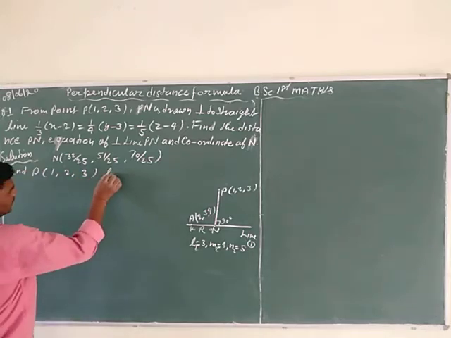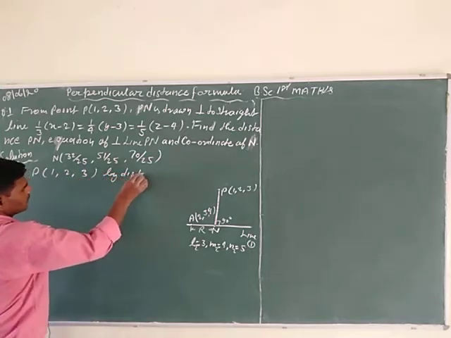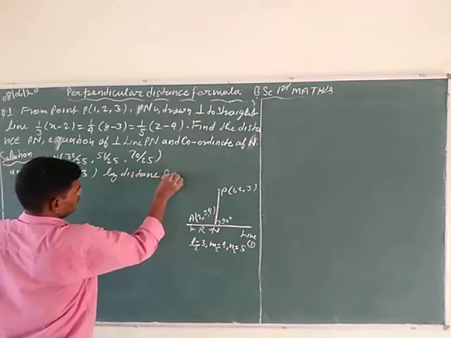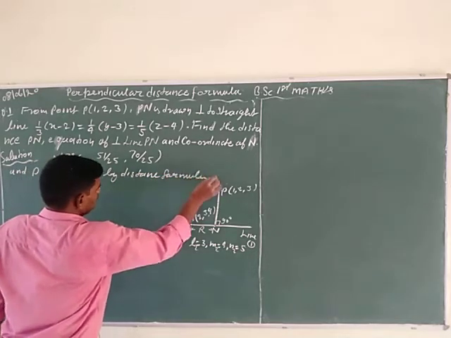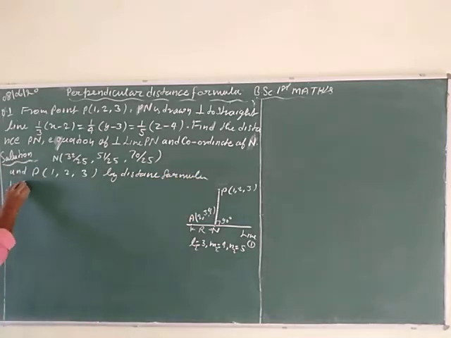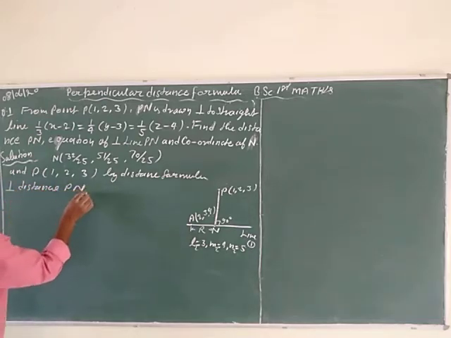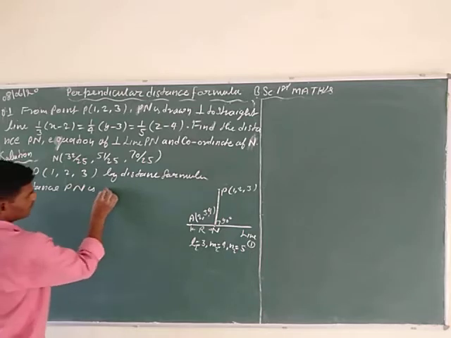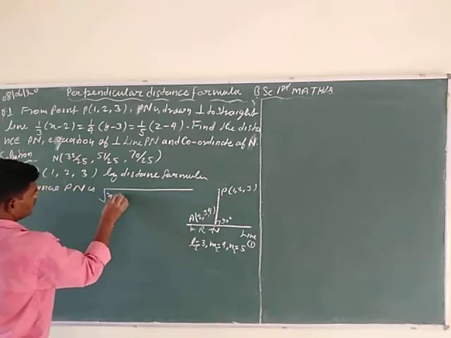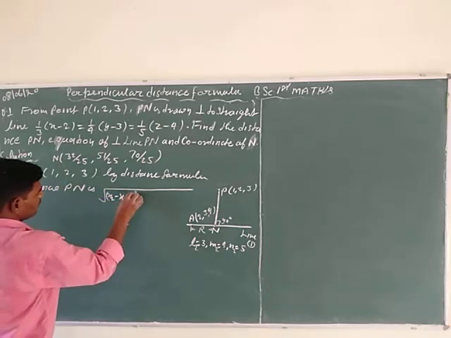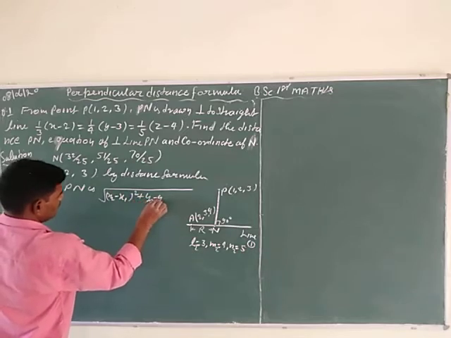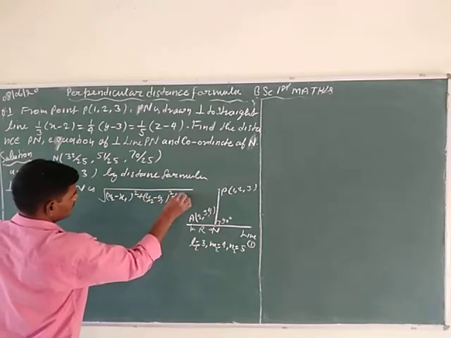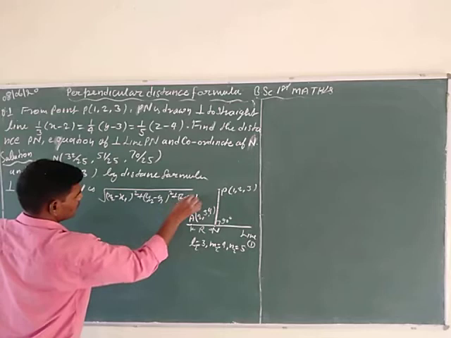Therefore, by the distance formula, the perpendicular distance PN is the square root of (x2 minus x1) whole square plus (y2 minus y1) whole square plus (z2 minus z1) whole square.